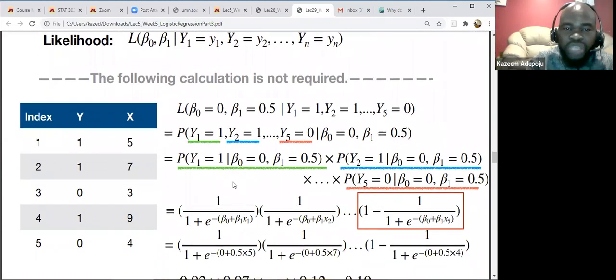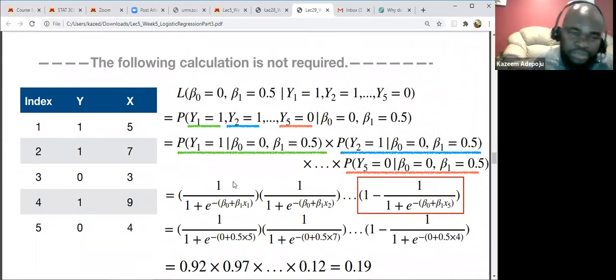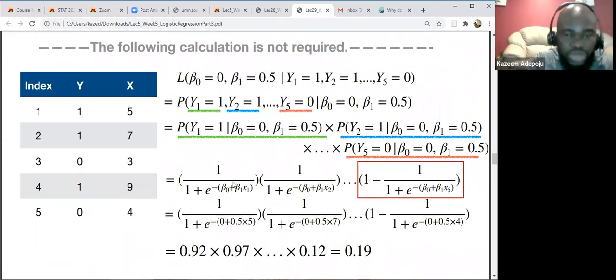What I want to show you right now is just a manual way to do that. But of course, in R, I've shown you the other time, the moment you write the GLM code in R, you're going to get your results. But I just want to walk you through the manual way to figure that out.